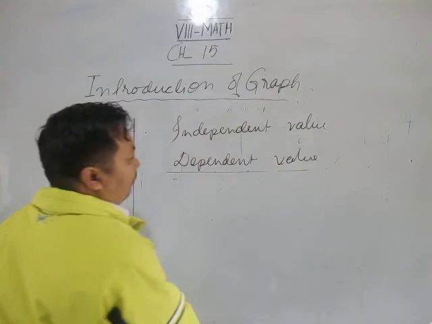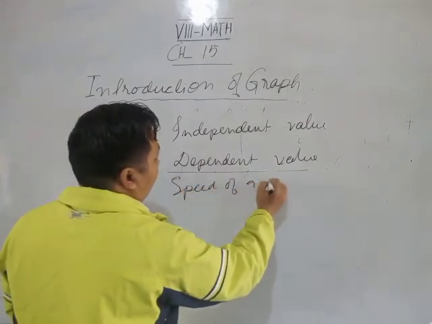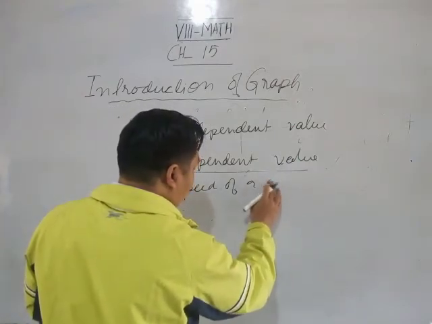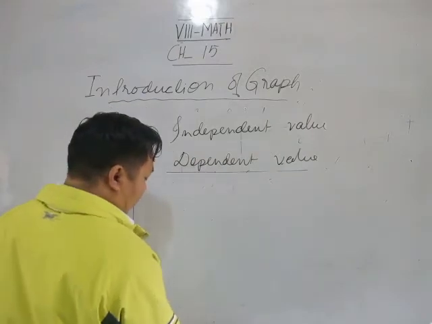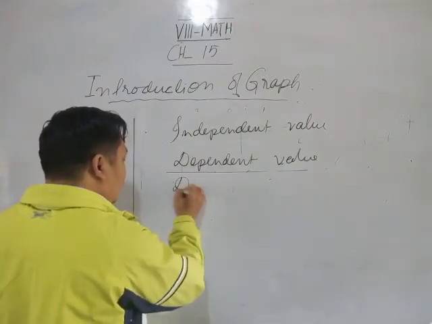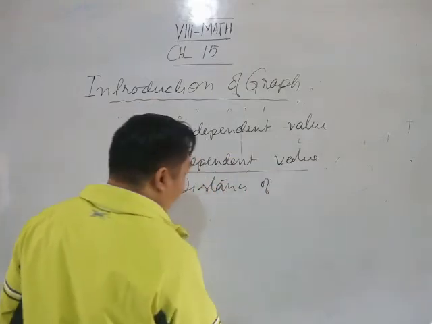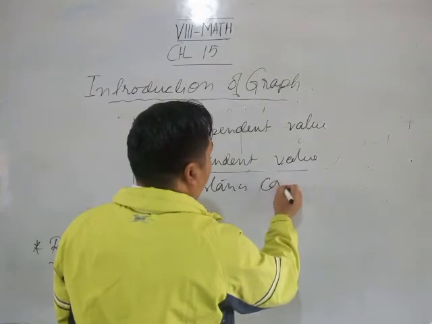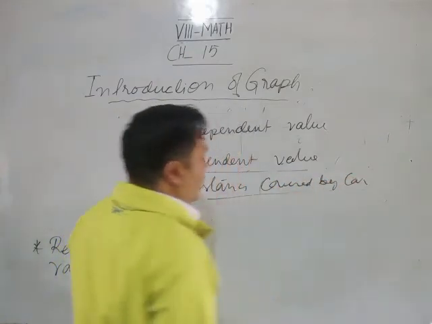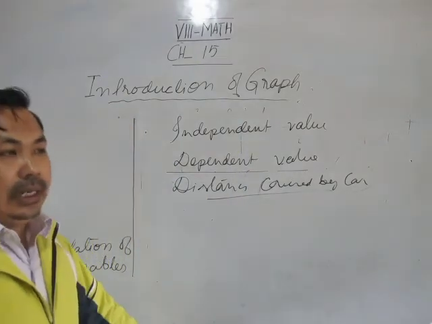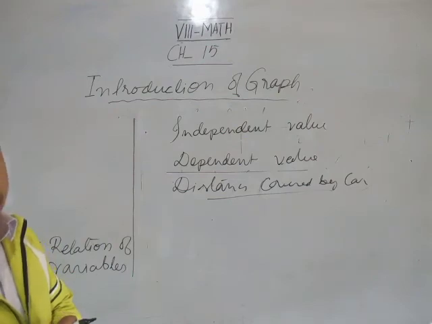Now again, to know about dependent value and independent value, there is another example, that is the distance covered by a car. See, the distance covered by the car depends on what? Depends on the speed and the time, isn't it? Yes.